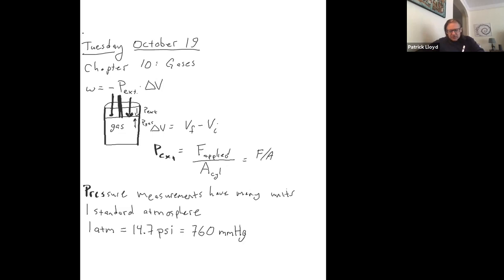The millimeter of mercury is also called, for historical reasons, a torr, 760 torr, which is named after Torricelli, a physicist who worked in Italy hundreds of years ago. So it's typically abbreviated as torr. The number of millimeters of mercury is equal to the number of torrs. It's identical units, just a different name.